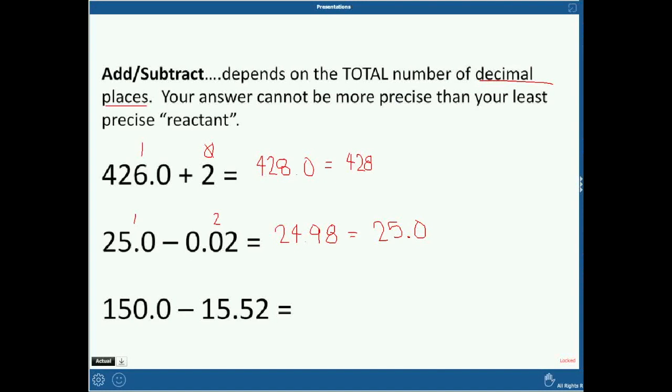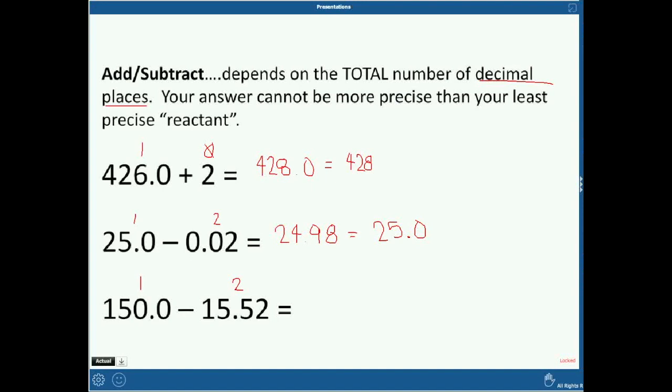Now let's try this one. We have 150.0, so we have 1 decimal place here, and then we have 15.52. So we have 2 decimal places here. So our answer can only have 1 decimal place.